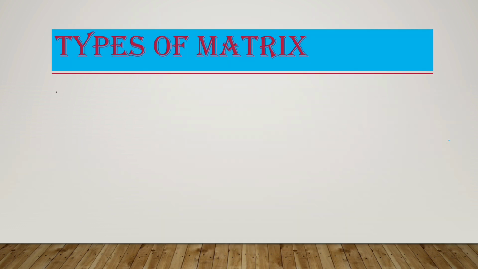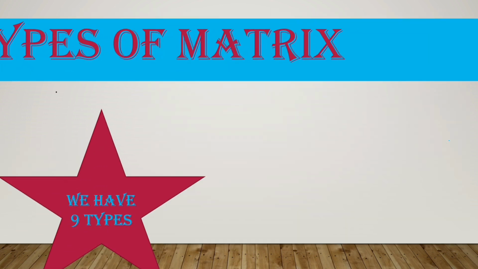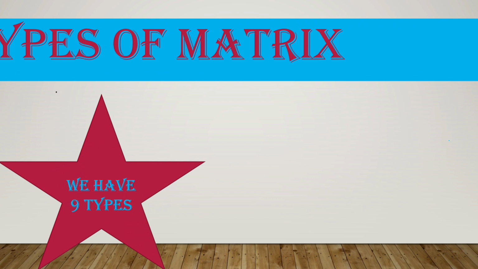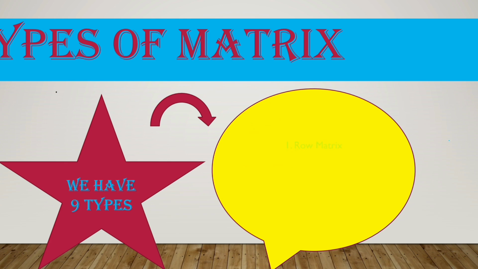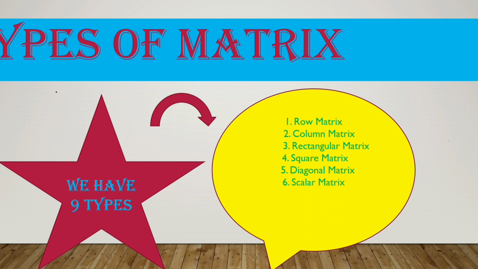So let's see types of matrices. We have 9 types. Number 1, we have row matrices. 2, we have column matrices. 3, we have rectangular matrices. 4, square matrices. 5, diagonal matrices. 6, square matrices. 7, identity matrices. 8, null or zero matrices. 9, triangular matrices.